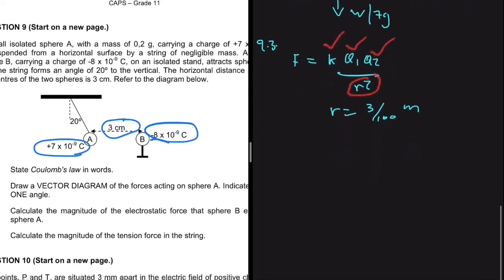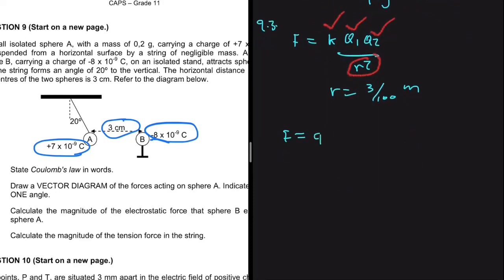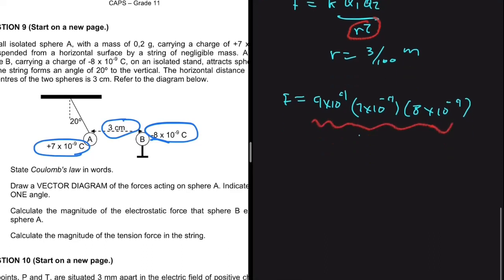So now the electrostatic force will be equal to, so what is k? We know fully well that k is 9 times 10 to the power 9. Then the charge Q1, we are only interested in the magnitude, we don't put the sign, so we have 7 times 10 to the minus 9. Then Q2, which is sphere B, we have 8 times 10 to the minus 9, only the magnitude, divided by r squared. r is 3 centimeters, you convert it to meters by dividing by 100, and then you square.